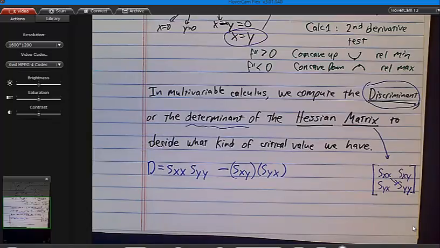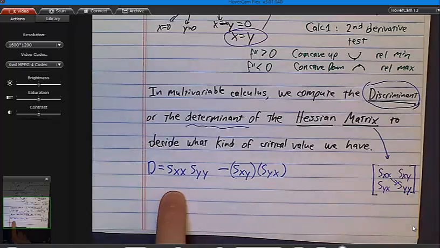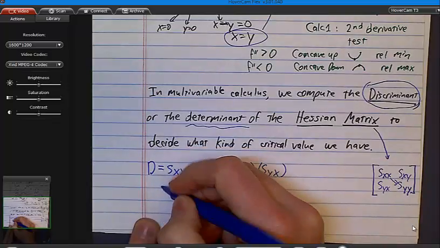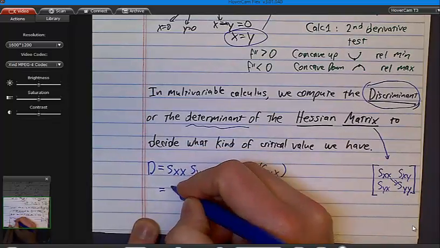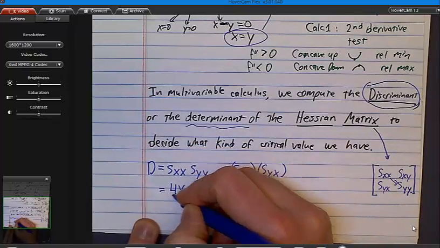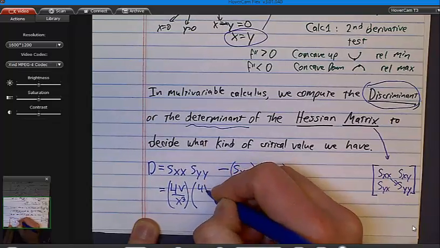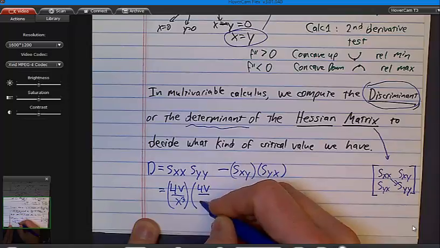Okay? Yeah, we should fill some of this stuff in. I think my partial derivatives are on the previous page. Do you guys remember what these are? Okay. Sxx, what does that equal? This was 4v over x cubed. And this was 4v over y cubed. Am I right?